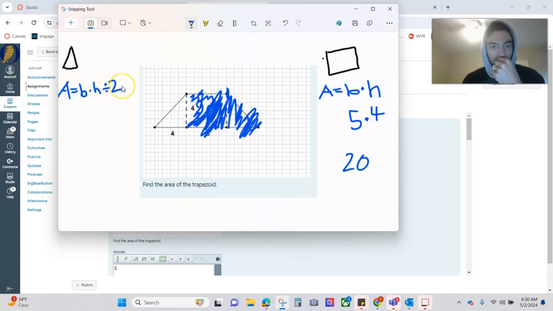So what is the base? What is the height of this triangle? The base is 4. The height is also 4. And then we divide by 2. 4 times 4 is 16. 16 divided by 2 is 8. I will write 8 here.